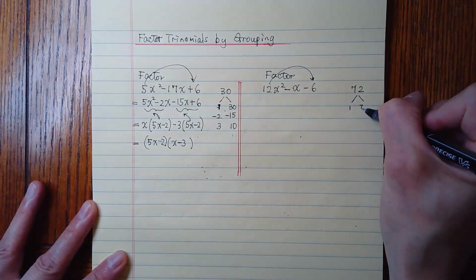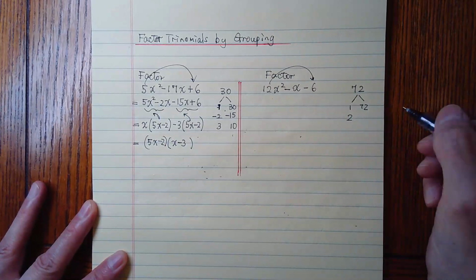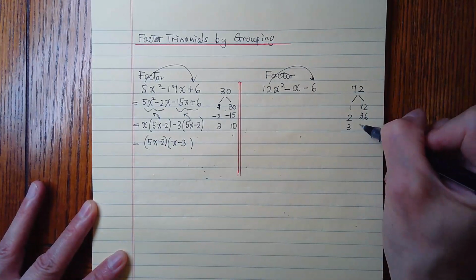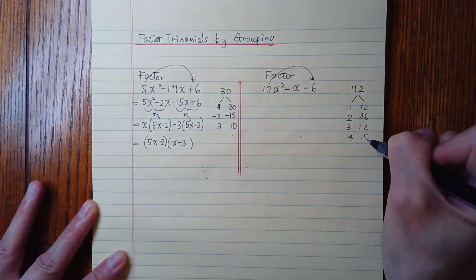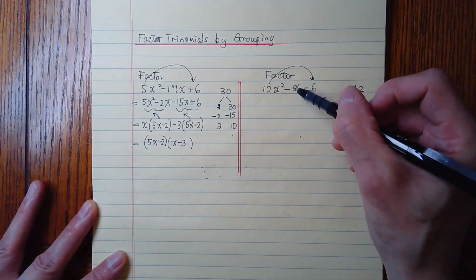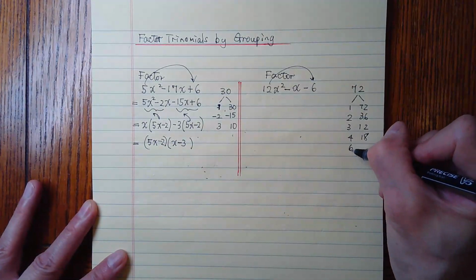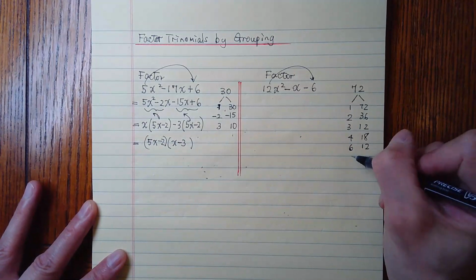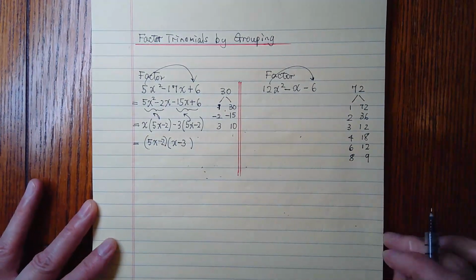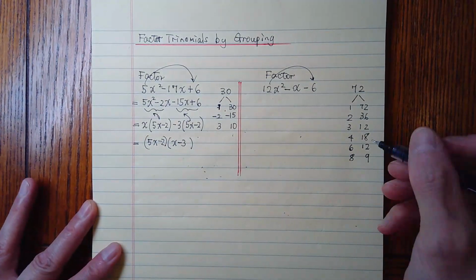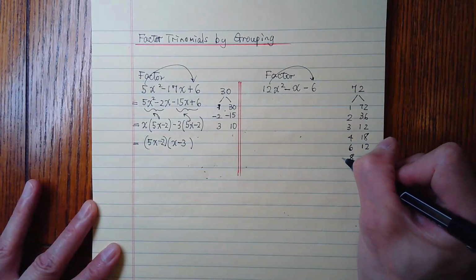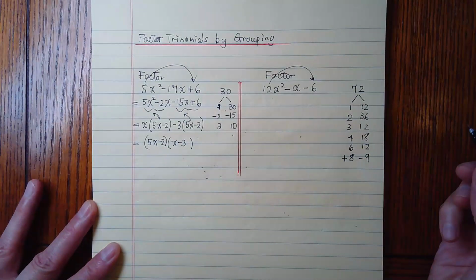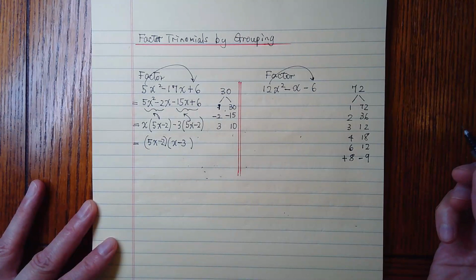We have 1 times 72, 2 times 36, 3 times 24, 4 times 18. We try to match minus 1 here. And 6 times 12, and 8 times 9. 8 and 9 will work. So we will add positive 8 and minus 9. And that should work.